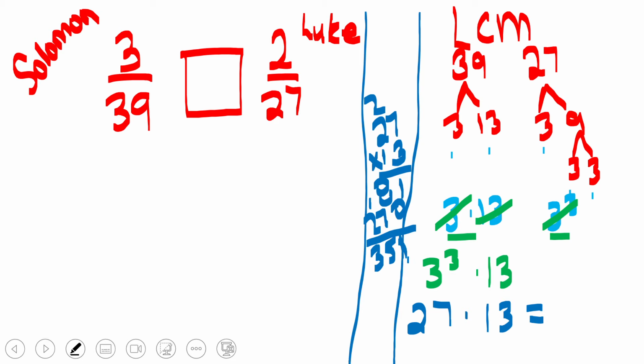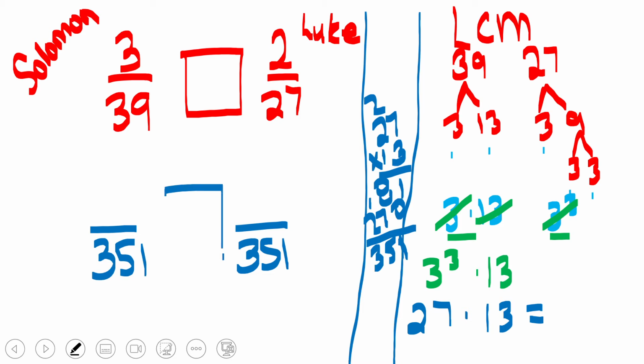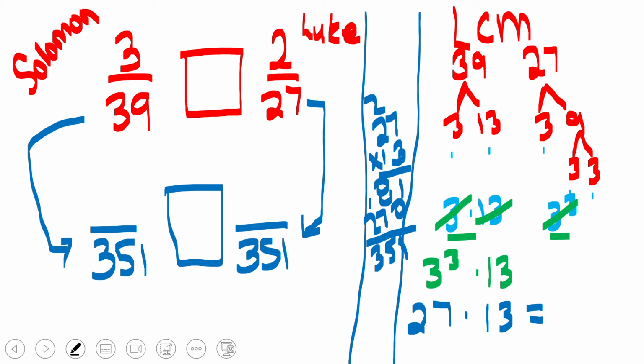We get 351. 351 now becomes our new denominator in the fractions that we want to compare with like denominators. We found that from the least common multiple. Now we have to decide how many times 39 goes into 351 and 27 goes into 351.